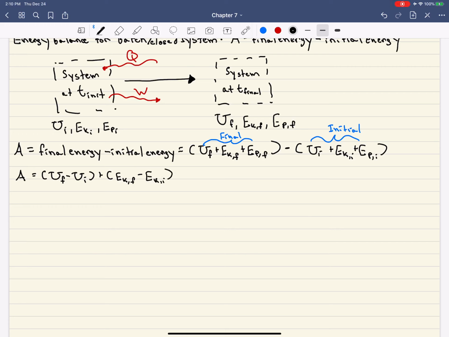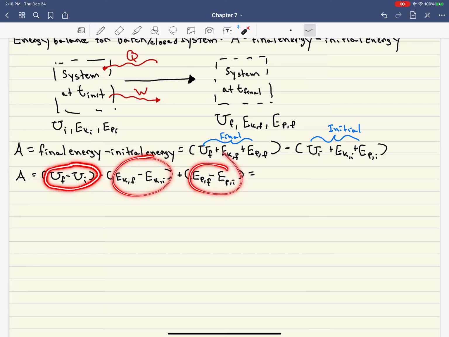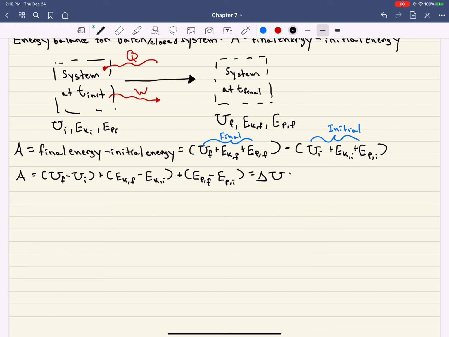And we could group the potential energy terms together. Now, one shorthand way we could write this notation, rather than writing all the parentheses, is we could actually use the Greek symbol delta. So delta U plus delta EK plus delta EP.